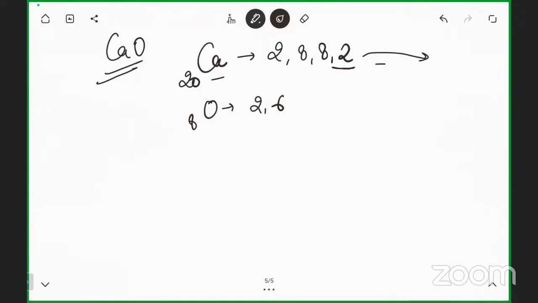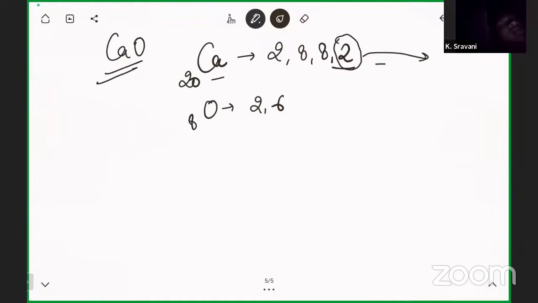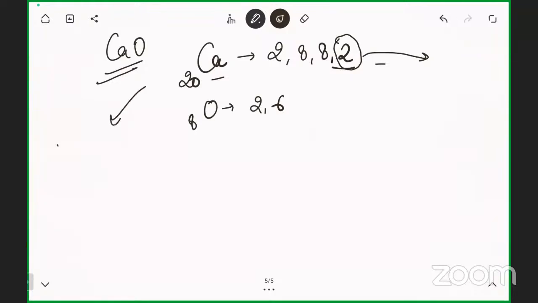Can you repeat once again, sir? I said that in calcium, the outermost 2 electrons it can easily remove. Their ionization energy is low. See, calcium is a metal.